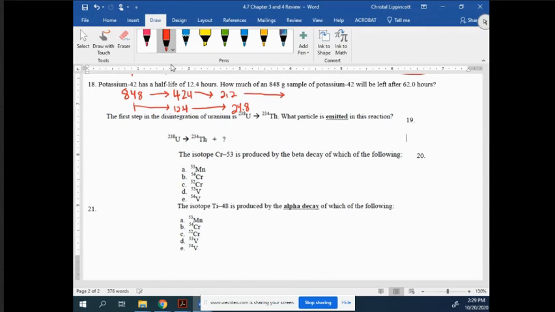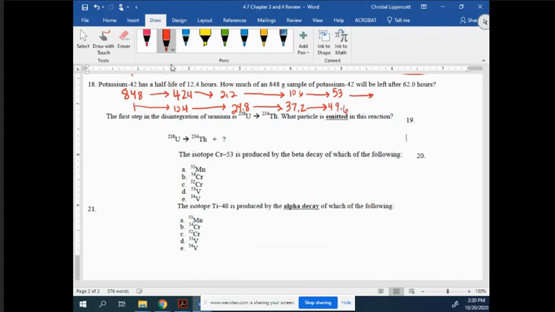So I'm going to keep going. It's going to take me down to 106. And 24.8 plus 12.4 gives me 37.2. Then I'm going to divide it again. So that's going to be 53. I'm going to add another 12.4 to my running total down here, 49.6.